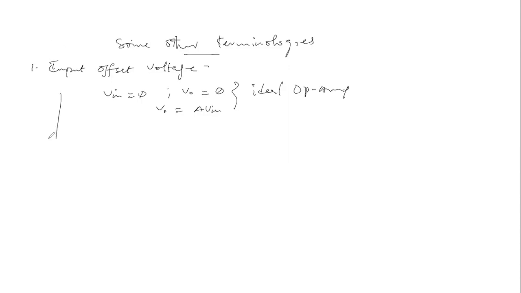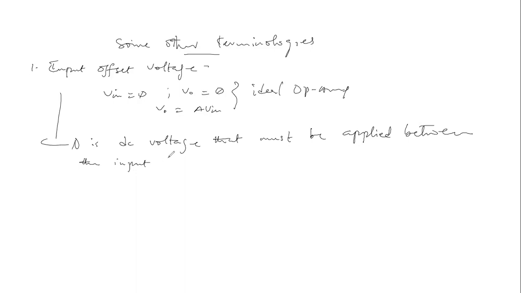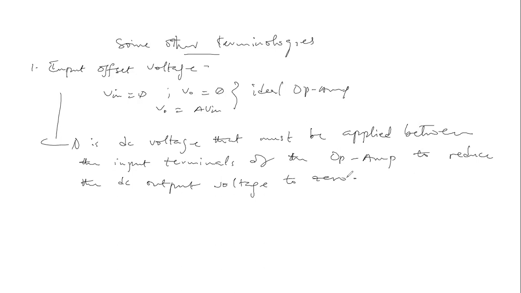So therefore, the input offset voltage is the DC voltage that must be applied between the input terminals of the op-amp to reduce the DC output voltage to 0.